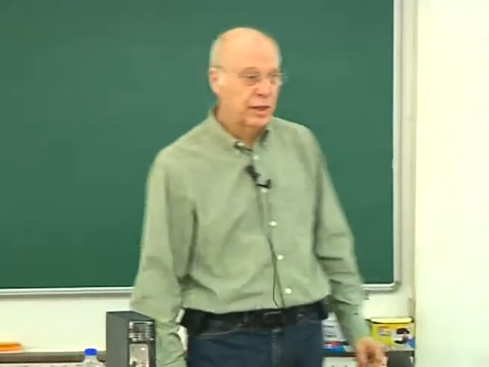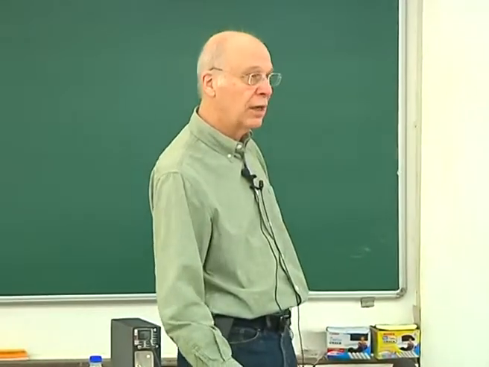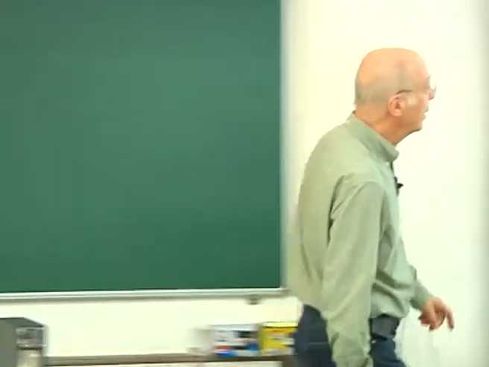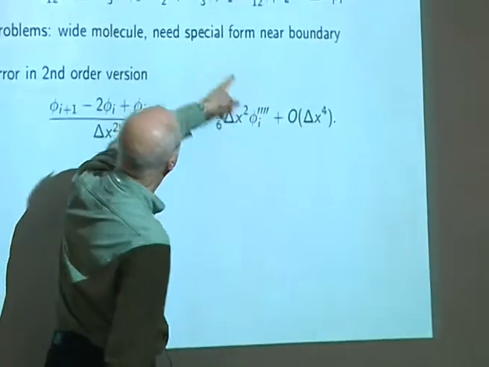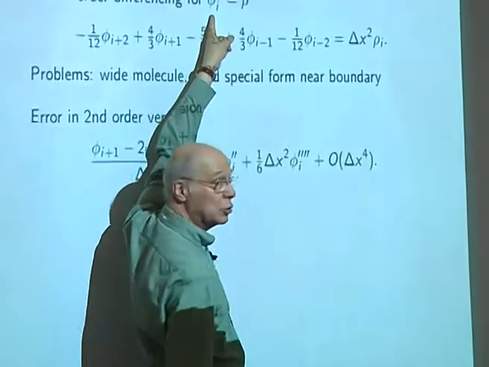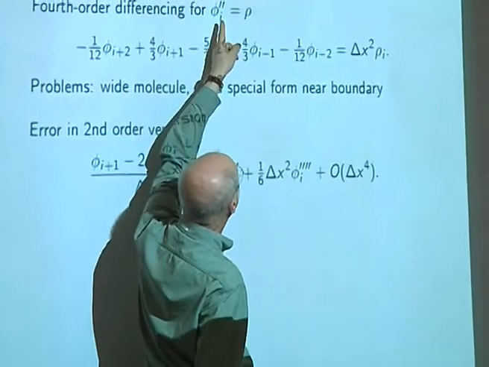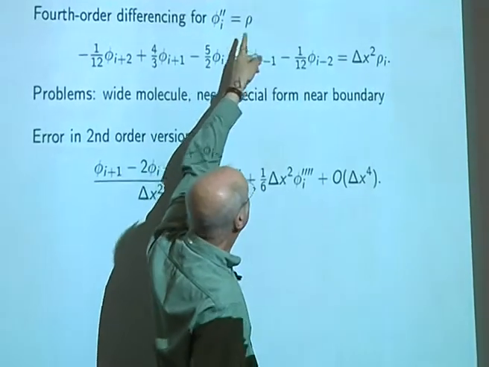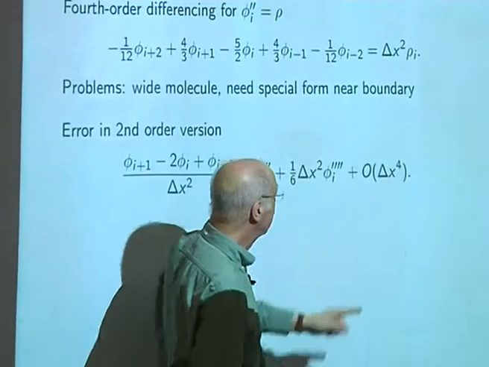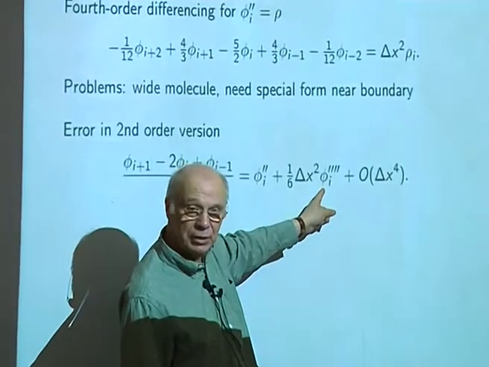And now the clever trick is, I go away and find out what is the fourth derivative of the function. Here's the fourth derivative of the function. Up there I'm told what the second derivative is. So why don't I differentiate that twice and get 4 derivatives of phi equal 2 derivatives of rho? So I can then put 2 derivatives of rho in there.